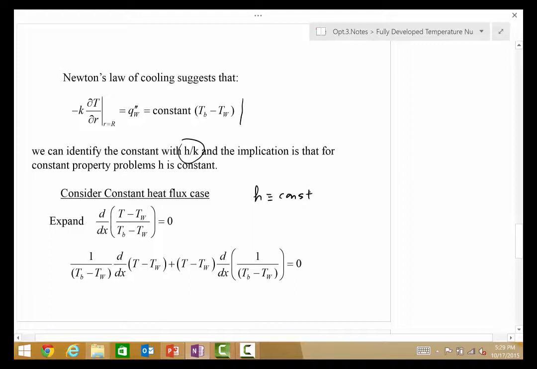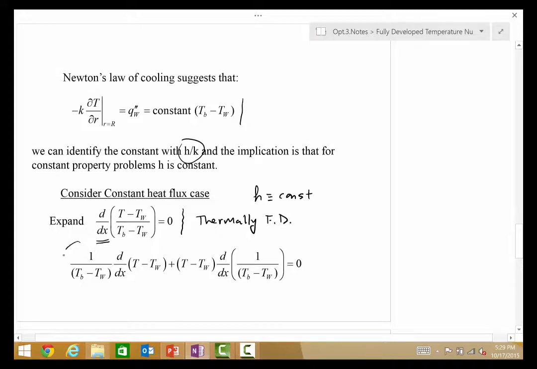So one of the things that we can get for the constant heat flux case is we're going to take the derivative now with respect to X of this non-dimensional parameter. We know that this is equal to 0 because, again, this is just the definition of being thermally fully developed. So thermally fully developed means the ddx of this quantity is equal to 0.